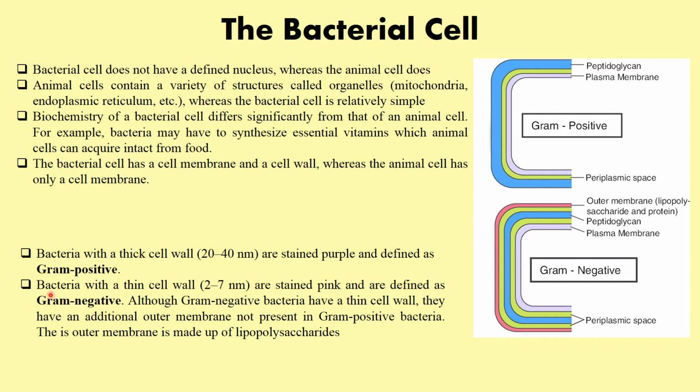Now, what does gram negative bacteria mean? Gram negative bacteria have a cell wall that is quite thin, so it's not that thick. But what they do have is an extra outer layer, which is made up of lipopolysaccharides.